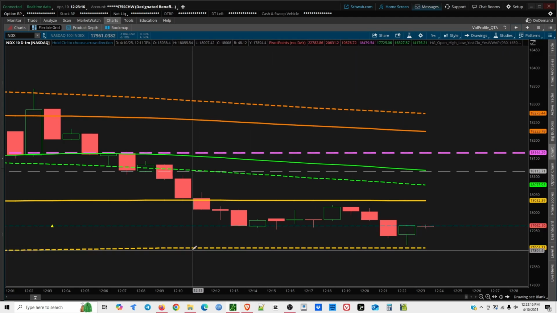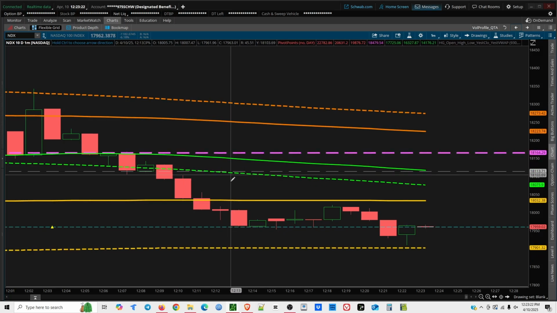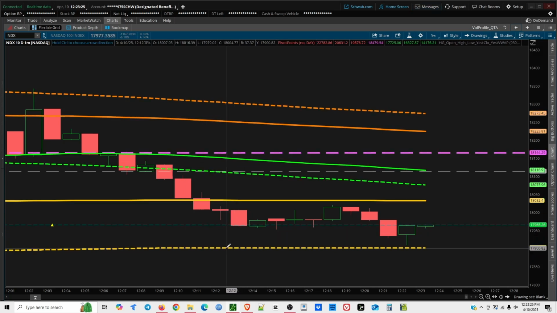And the thing that you have to remember about pivot points, moving averages, point of control, a lot of these areas are slightly different depending on the platform that you use. And the platforms that I'm referring to would be Thinkorswim, TradeStation, TradingView.